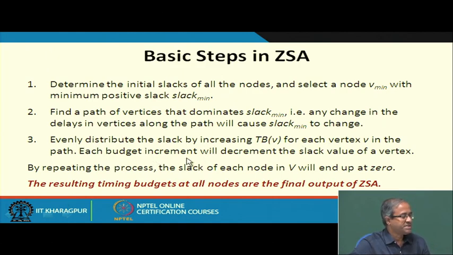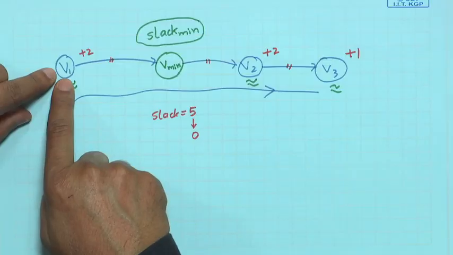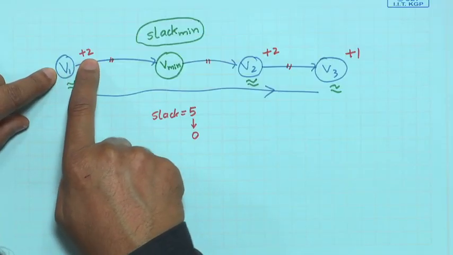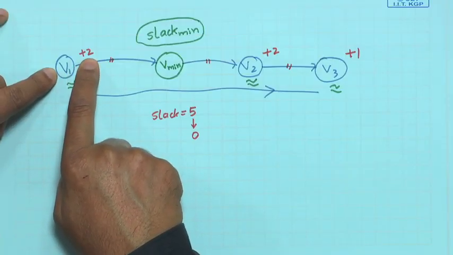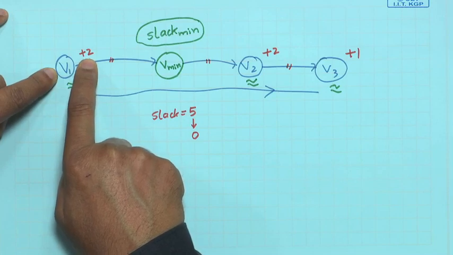Each budget increment, whatever you do, will decrement the slack value of a vertex. So, if you increase the delay of a vertex, like for example here V1, you are increasing the delay budget by 2. What does that mean? You are increasing the actual arrival time by 2. If you increase actual arrival time by 2, you are also decreasing slack by 2, slack equal to RAT minus AAT.